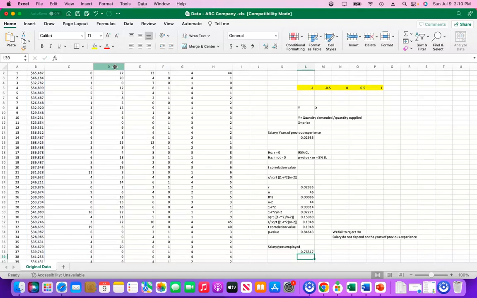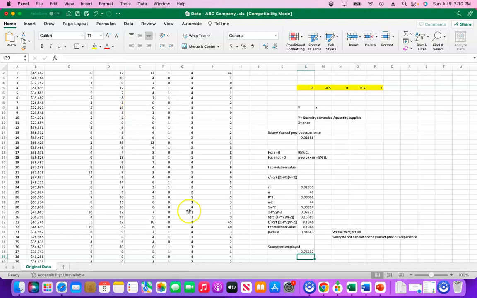We have a correlation which is pretty good, which is 0.76517, and therefore we can say the correlation is 0.77 if we are to consider 2 decimal points.